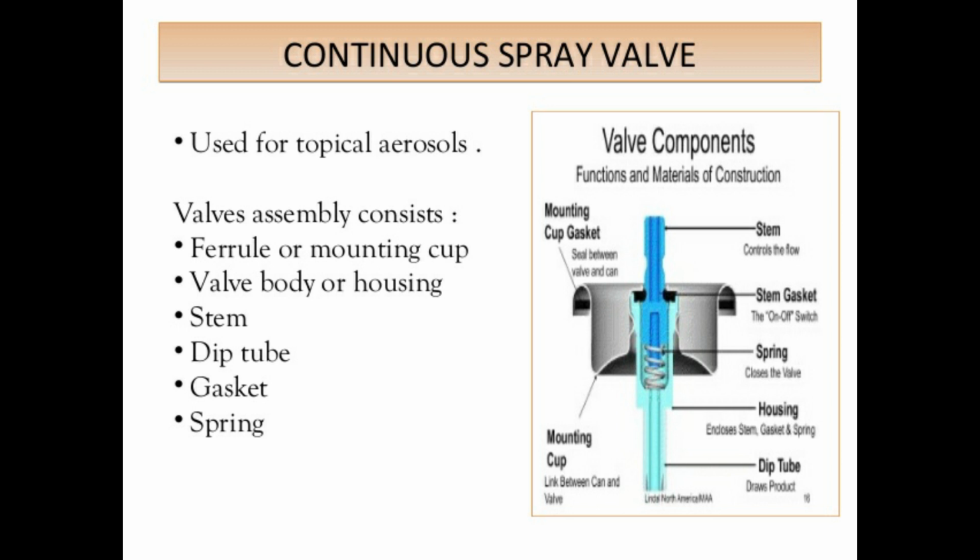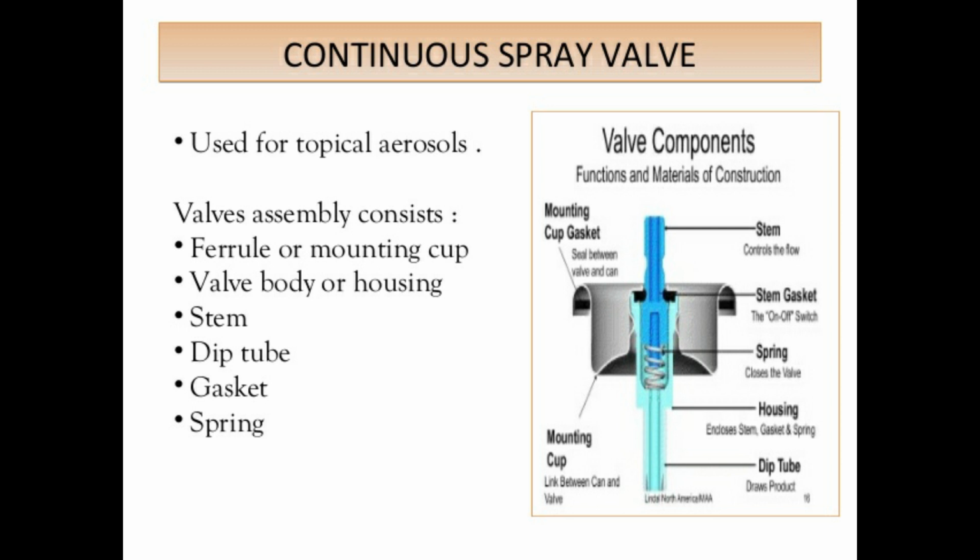So these are the main components in the continuous spray valve. The first component is the ferrule or mounting cup. This is used to attach the valve to the container. It is made from tin plated steel, A1 brass. The underside of the valve cup is coated with single or double epoxy or vinyl resins.